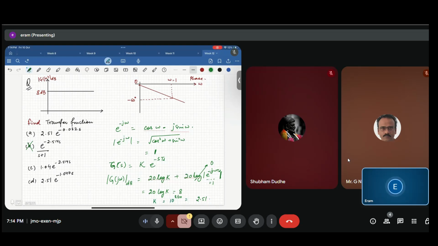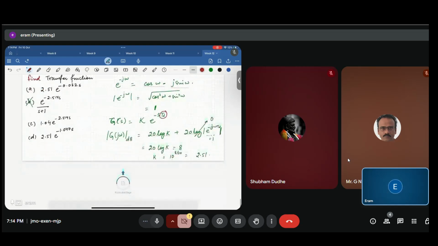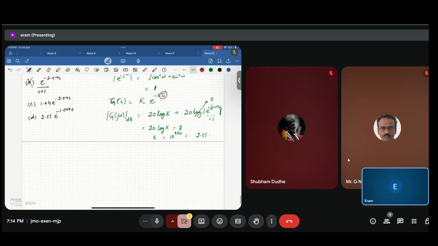Now another parameter that we need to calculate is this td, and you can easily calculate it by looking at the phase plot. How can we calculate it? What is the total phase contribution of this transfer function? So we have g of s of the form k into e to the power minus s td.